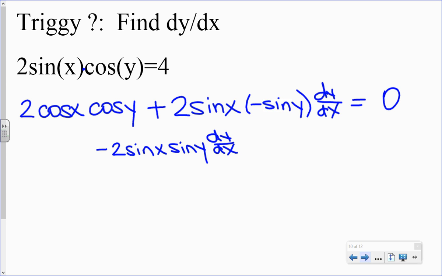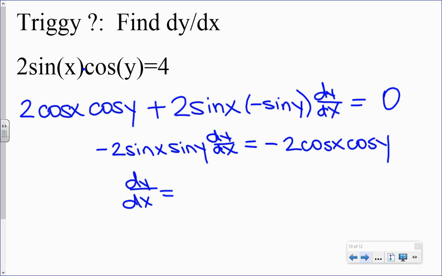We cannot combine those sines because they are different angles, x and y, they're different. And then what I'm going to do is subtract this term over because there is not a dy dx. So negative 2 cosine x cosine y. Okay, so to get dy dx by itself, we would have to divide that over.